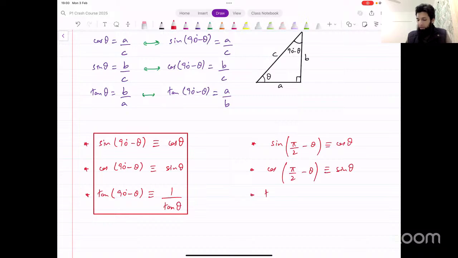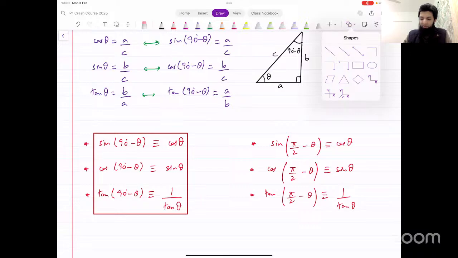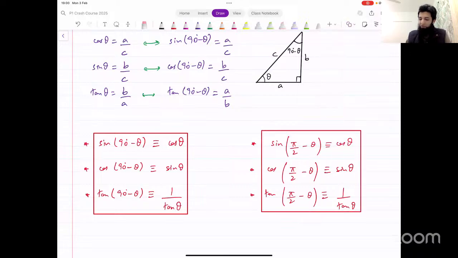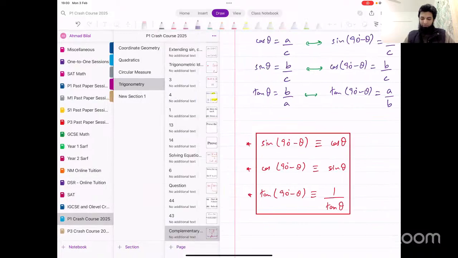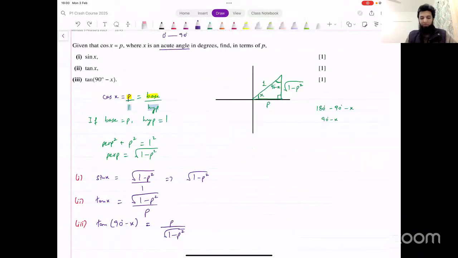And tan of pi over 2 minus theta, that would be identical to 1 over tan theta. So you can write those three identities in radians as well. All you have to do is in place of 90 degrees, you write pi over 2. So these are some new identities that we have. You should remember them. Using these identities, you can solve problems like those as well that I showed you. Okay. Now let's see how that would work. Let's go back to that same example, question number 43.